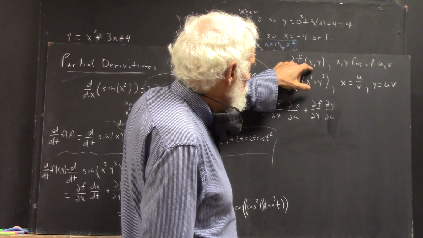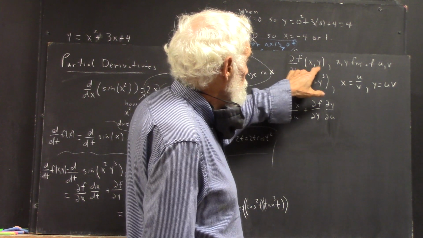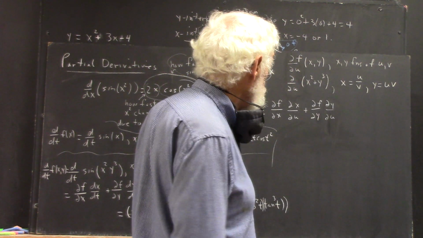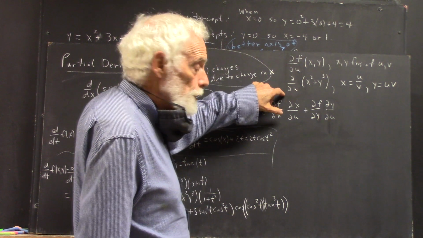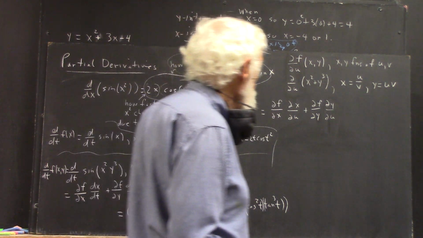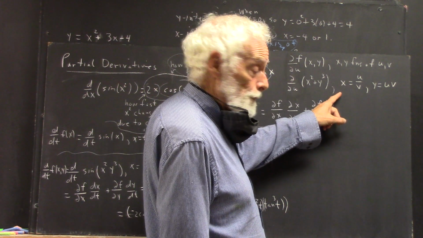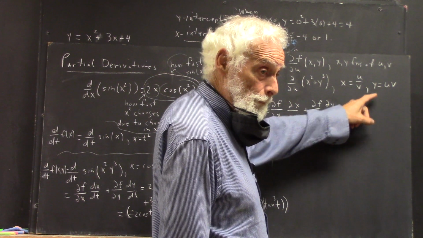Okay, so here we have the partial of a function of x, y with respect to u, where x and y are both functions of u and another variable v. The partial with respect to u depends on how fast a change in u changes x and how fast a change in u changes y.